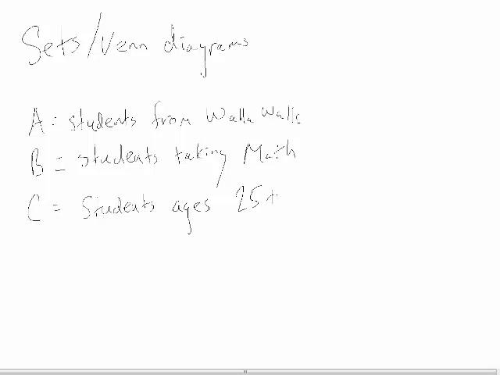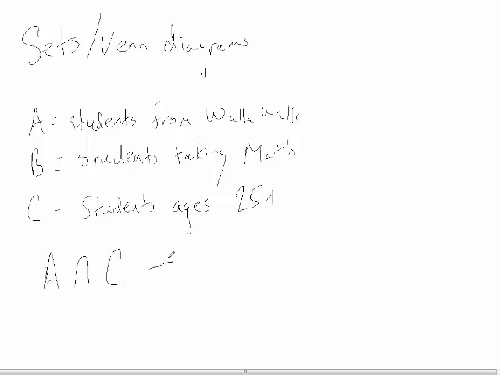So if I said we've got 3 sets: A, students from Walla Walla; B, students taking math; C, students ages 25 and older, I might say something like this. What is A intersection C?